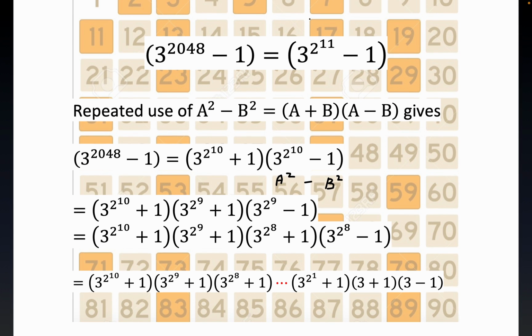Notice that this piece right down here would be a plus b, and the piece following it would be a minus b. Okay, so this would be a minus b right here.